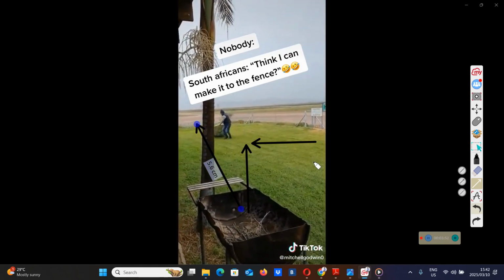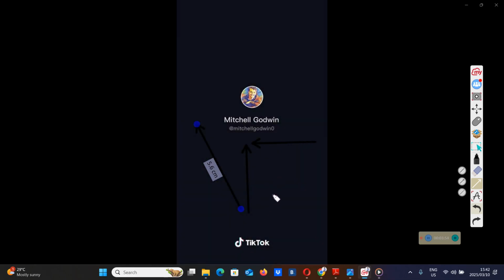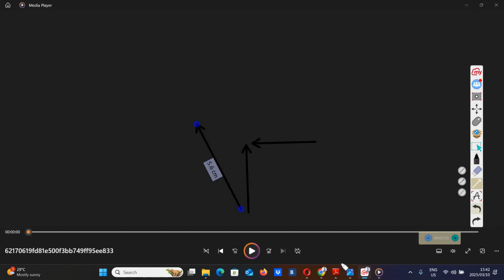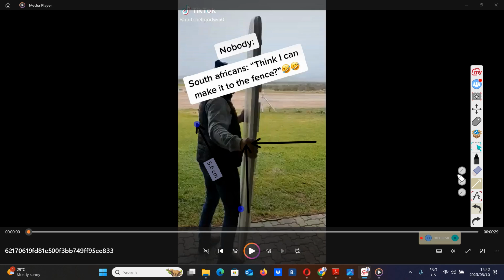So this wind changed the direction of that guy. Instead of this guy taking this direction, he ended up moving in that direction. That just proves that the wind can change the direction and will also affect the speed.